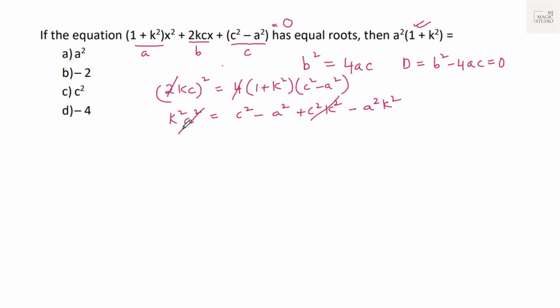This also cancels out. Then if I take the a square terms to the left hand side and take a square common, we get a square into 1 plus k square equals c square. This is what they are asking. A square into 1 plus k square is c square, that is in option C.